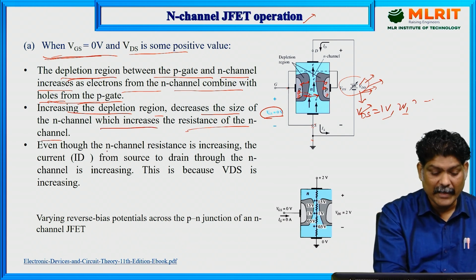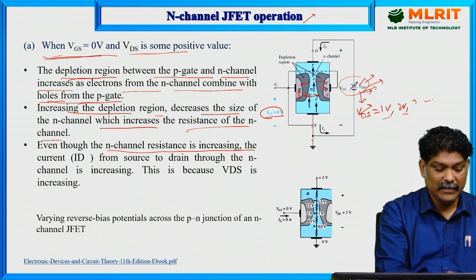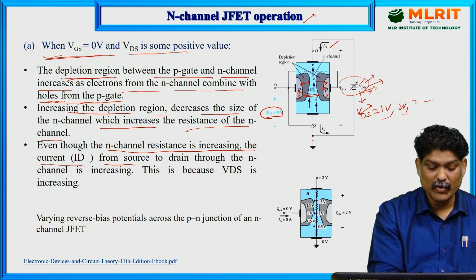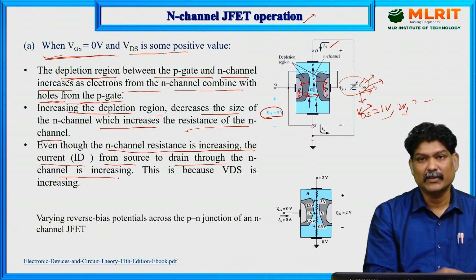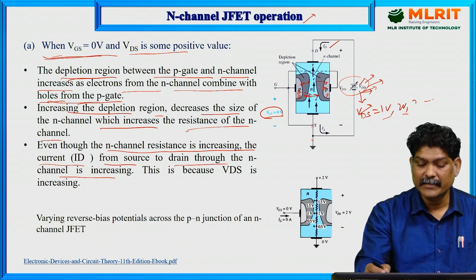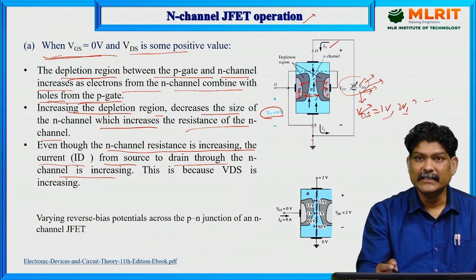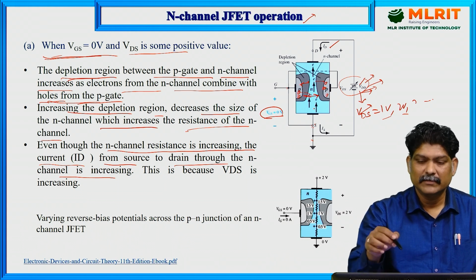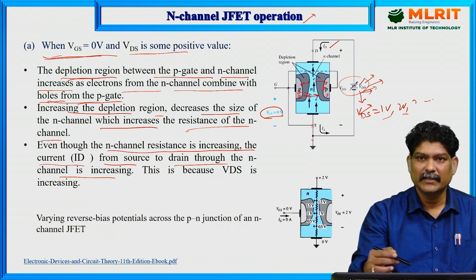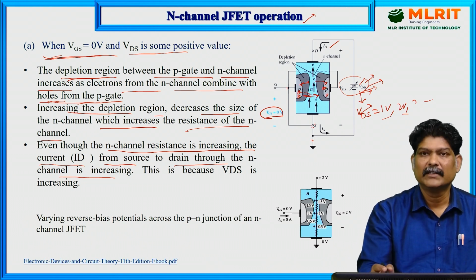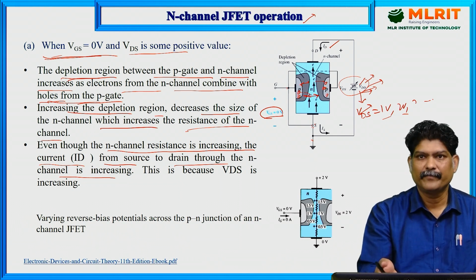Even though the N channel resistance is increasing, the drain current ID from the source to drain through the N channel also increases. Because there is an increase in the depletion region, there is a corresponding decrease in the channel width. When channel width decreases, the resistance of the channel increases, and obviously current must be reduced.